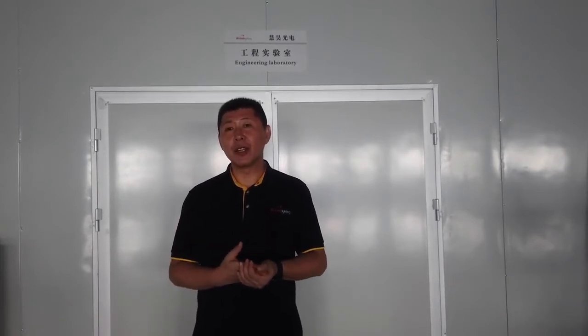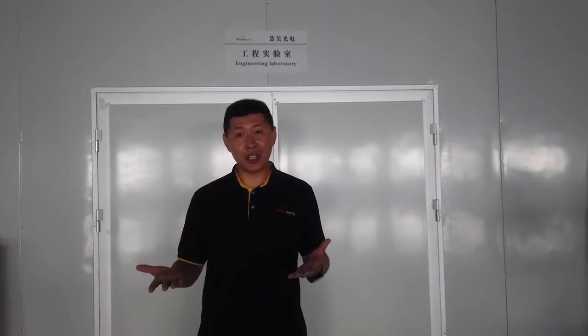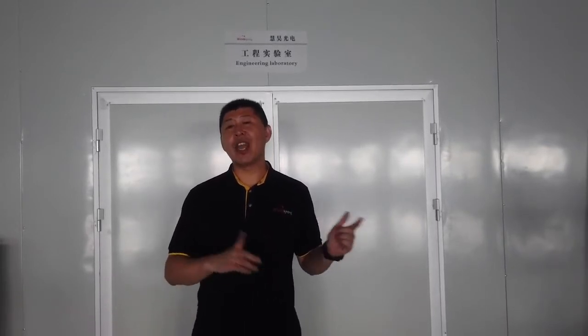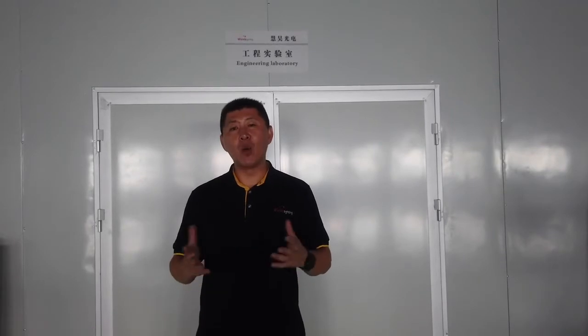And also we have the IES test for the light distribution curve, beam angles, and also the illumination. And for the other part in this laboratory, we have big equipment for the weather resistance tests.